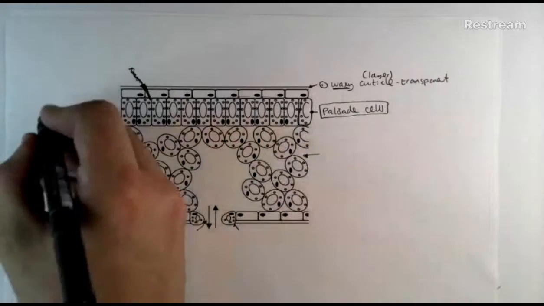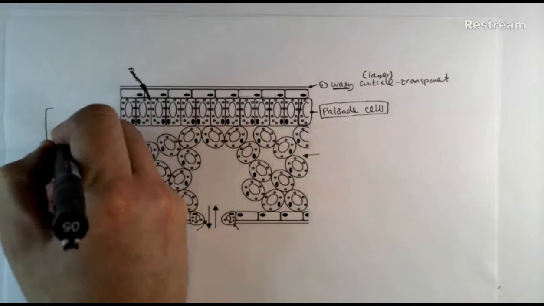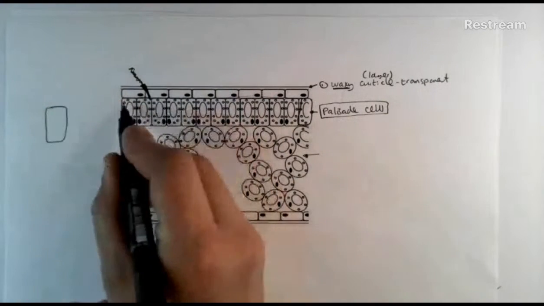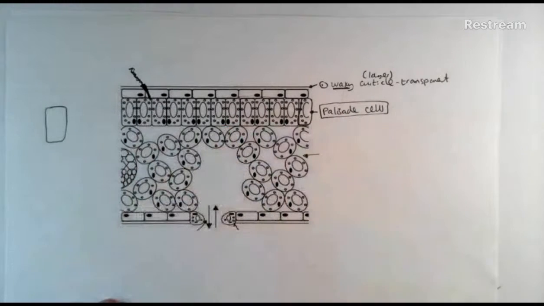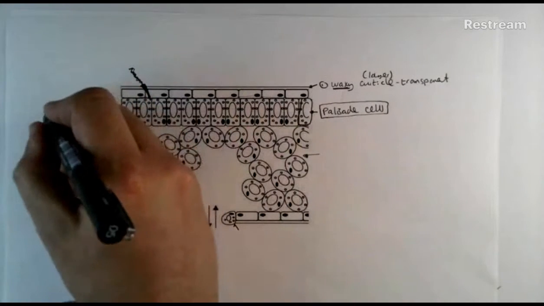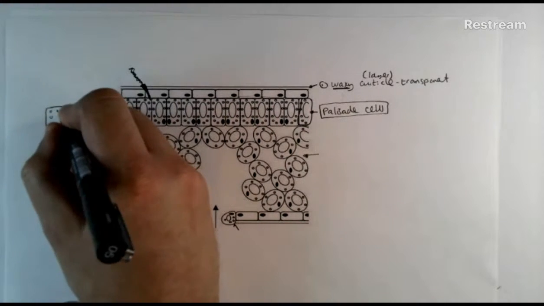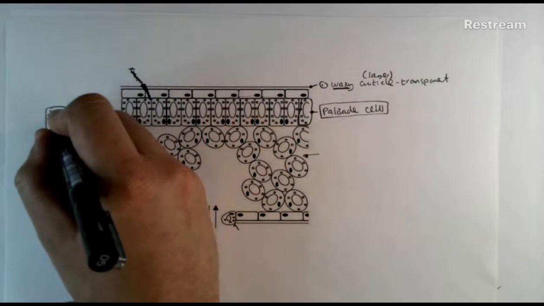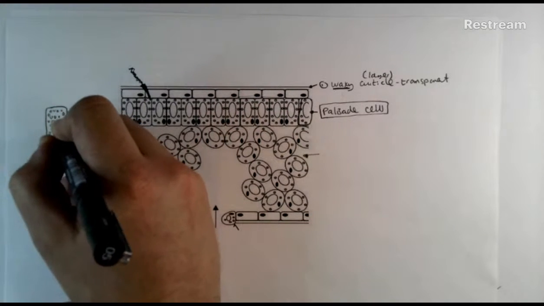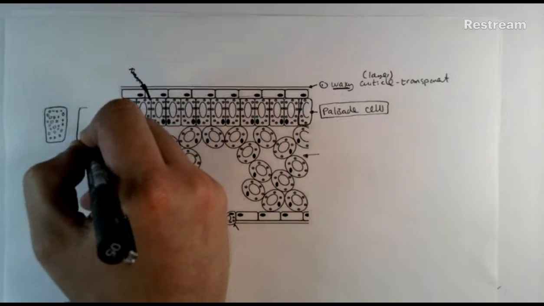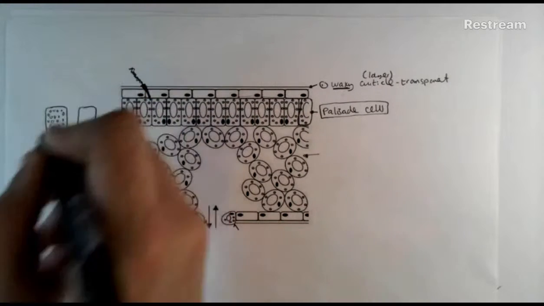So let's look at this palisade cell. The palisade cells are at the top of the leaf, as you can see here, and they've got many chloroplasts. But why is it important that a palisade cell has got many chloroplasts? Well, chloroplasts are the site of photosynthesis.